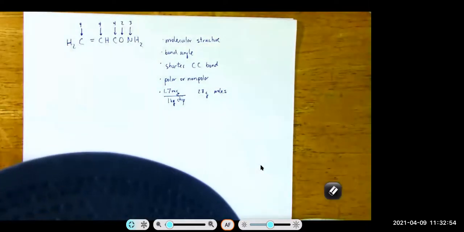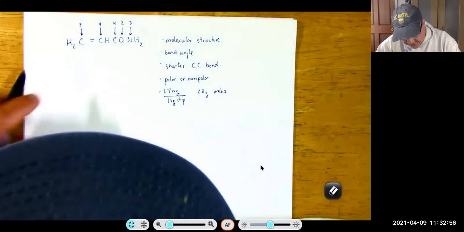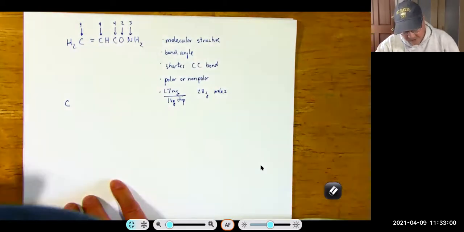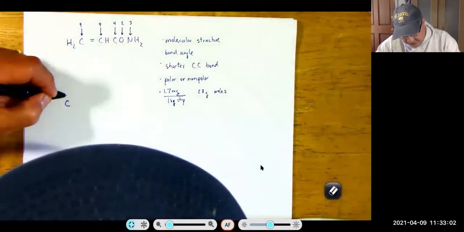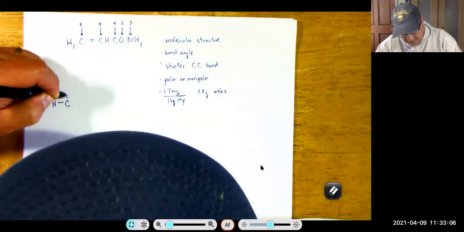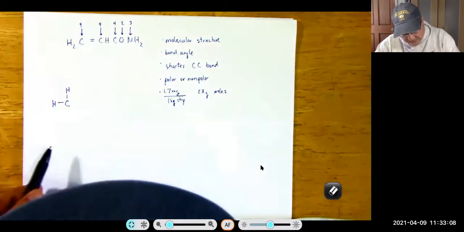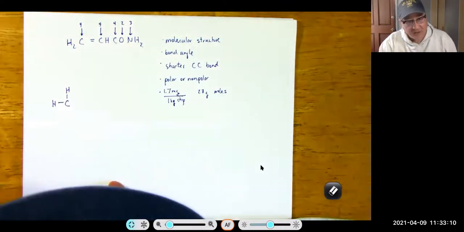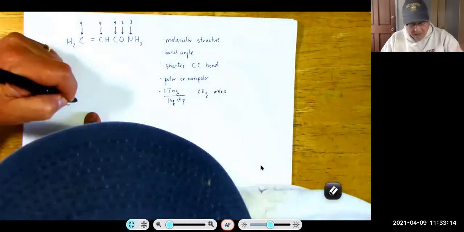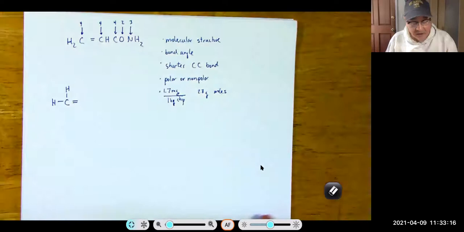So when I'm trying to figure this out, I'm thinking, okay, so this carbon needs 4 things bonded to it, or at least 4 bonds. Doesn't it make sense to do this? Have 1 hydrogen here and 1 there, and then the carbon for this part. And then I have a double bond, and wham, I've got my 4 bonds to that carbon.